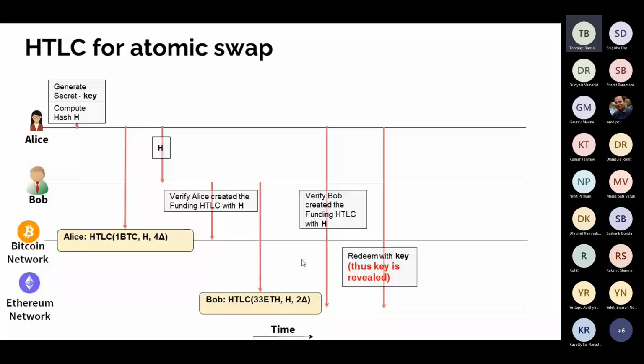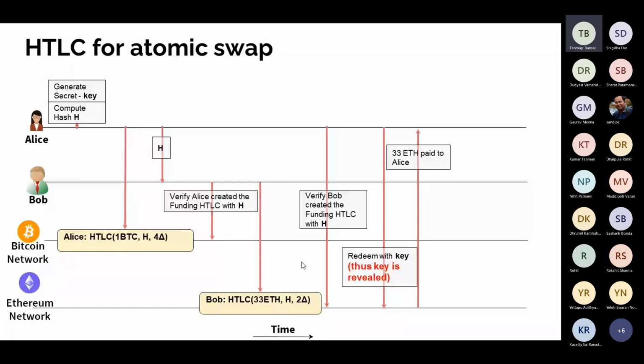By revealing the key, Alice can now claim these 33 ethers, which were created in Bob's HTLC.